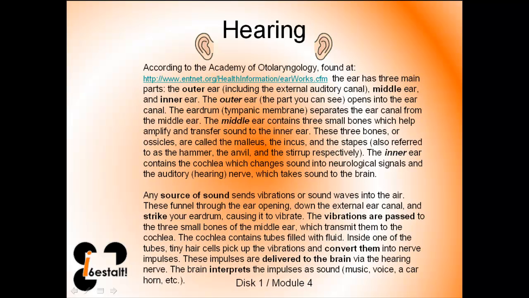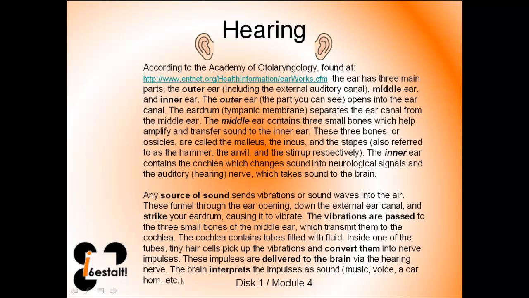These funnel through the ear opening down the external ear canal and strike your eardrum, causing it to vibrate, very much how a microphone works, and in reverse, how a speaker works. The vibrations are passed to three small bones in the middle ear, which are very small and brittle, which transmit them to the cochlea. The cochlea contains tubes filled with fluid, and inside one of the tubes, tiny hair cells pick up the vibrations and convert them into nerve impulses.